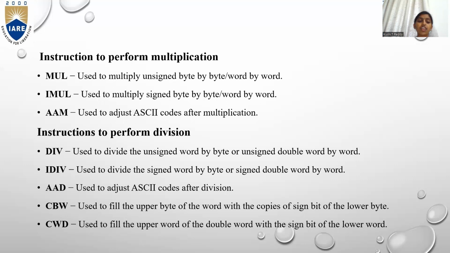IDIV is used to divide the signed word by byte or signed double word by word. AAD is used to adjust ASCII codes after division. CBW is used to fill the upper byte of the word with the copies of the sign bit of the lower byte. CWD is used to fill the upper word of the double word with the sign bit of the lower word.